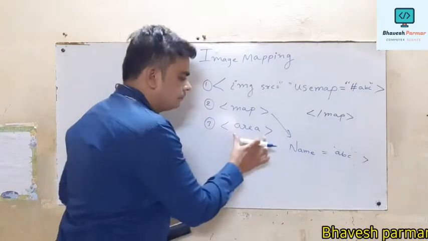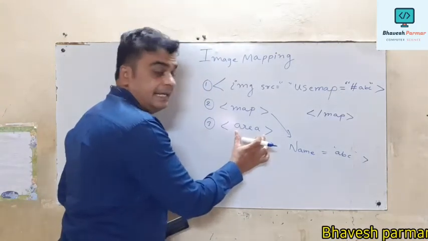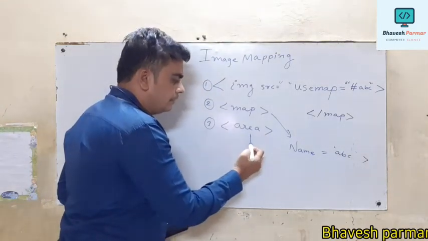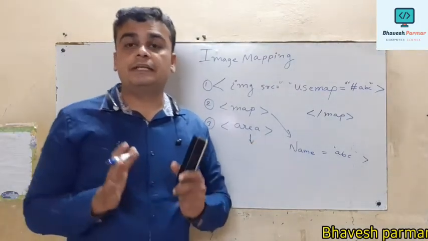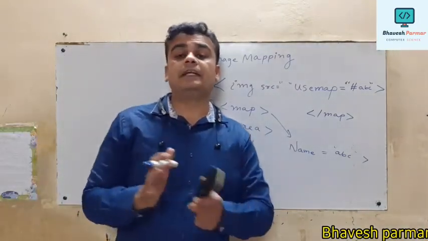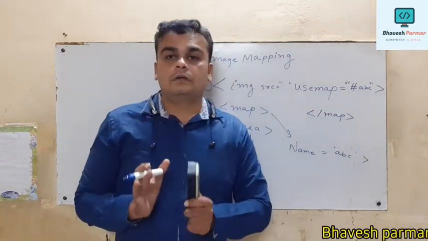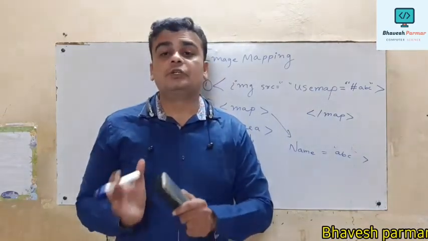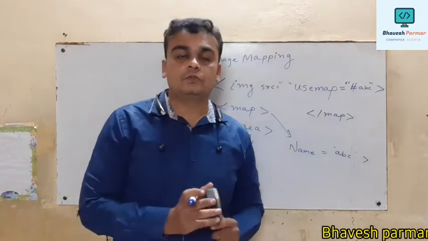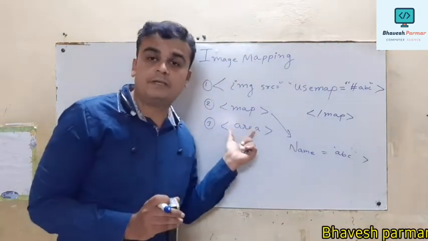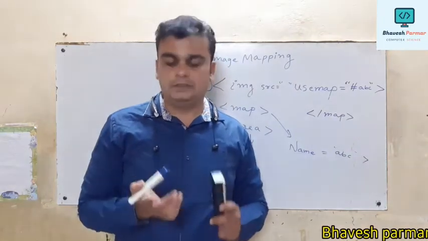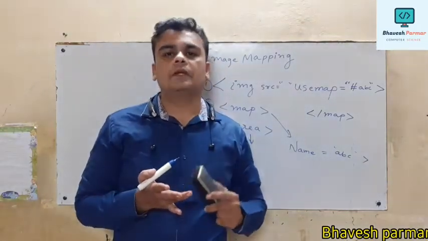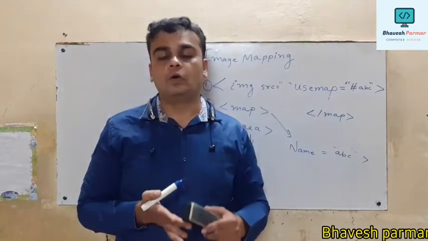So guys, the next part is the area tag. What is the major role of the area tag? Generally we are using some geometric shapes, and that shape is used as a hyperlink. HTML allows 3 different types of geometric shapes: circle, rectangle and polygon.